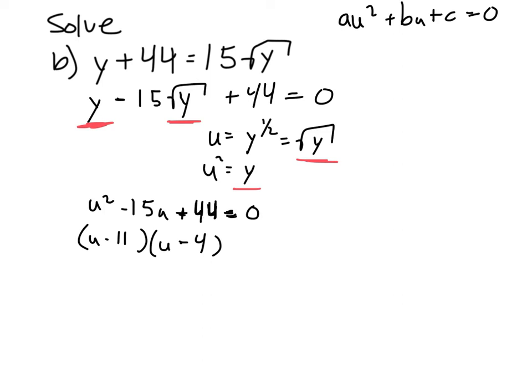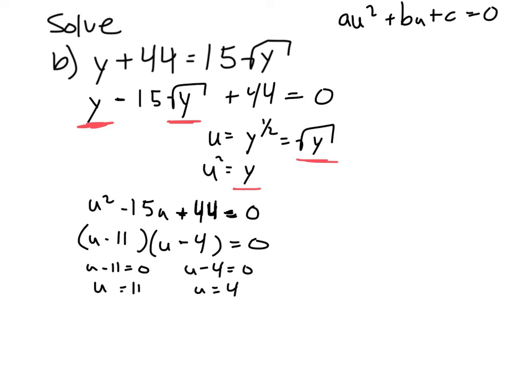Of course you can always use the same factoring method that I used in the previous example, where you take 1 times 44 and come up with 11 and 4 that way too. So this side equals 0, or the other side equals 0. The whole thing will go to 0. So u, add 11 to both sides, so u equals 11, or u equals 4.